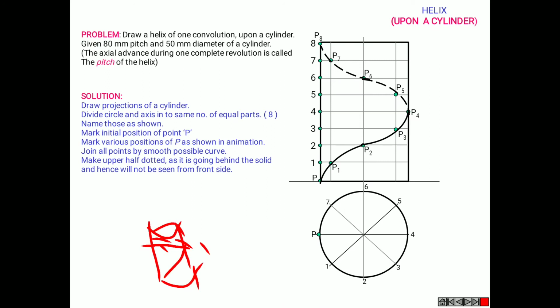So that's the reason why the upper half of the helix is dotted but not the lower one. Okay, we'll see it again.